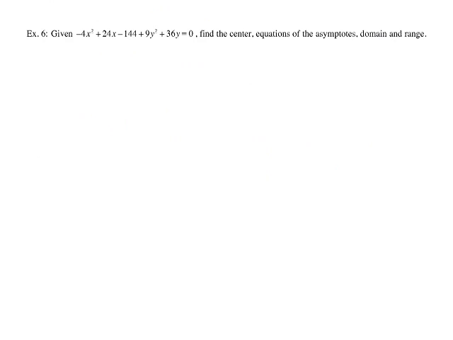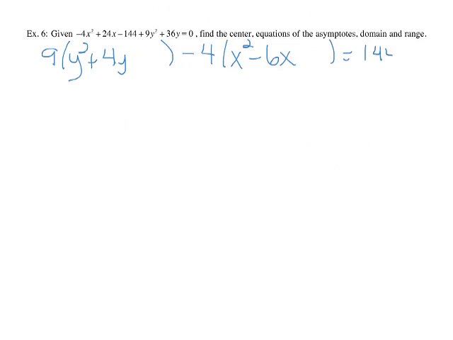So I'm going to do 9 times (y squared plus 4y). And then I'm going to do minus 4, I'm going to get it right this time, times (x squared minus 6x). And that's going to equal the constant, which is 144, right?